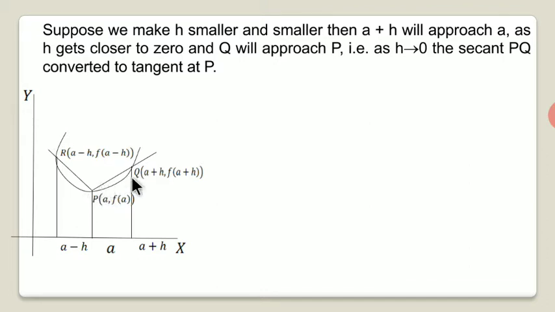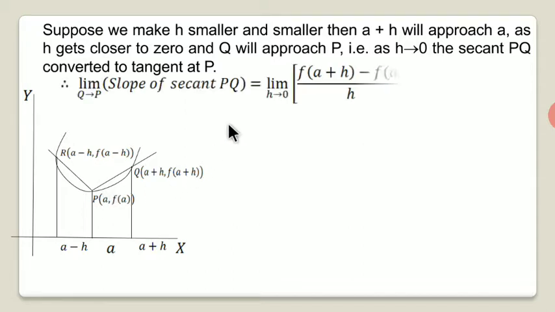So this secant PQ is now converted to the tangent at the point P. As h tends to 0, this secant becomes tangent to the curve at the point P. And therefore, limit Q tends to P, slope of secant PQ is equal to limit h tends to 0, f of a plus h minus f of a divided by h.